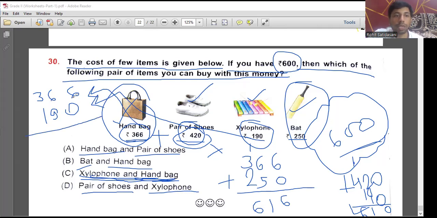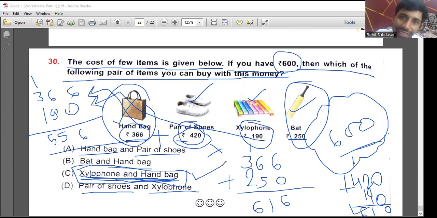If I add them both, 0 and 6 is 6, whereas 6 and 9 is 15, 5 here and 1 carry over. We get a 5 here. Total 556 is our answer. Is it under 600? Yes. So we can buy this combination. Xylophone with a handbag. The correct answer is option number C.